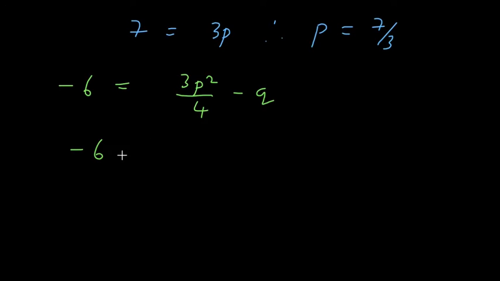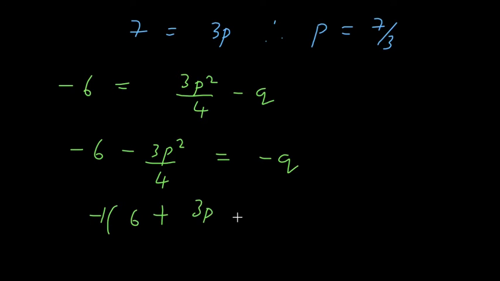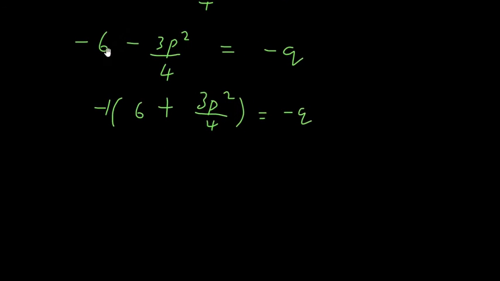So it's minus 3p squared over 4 is equal to minus q, and we already got our p. So first let's remove the negative 1. We factorize the negative 1 outside, because they will cancel out.